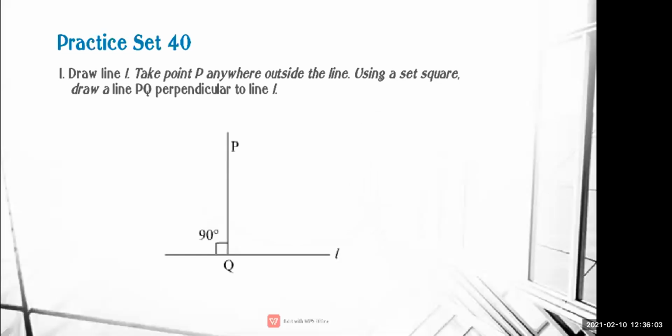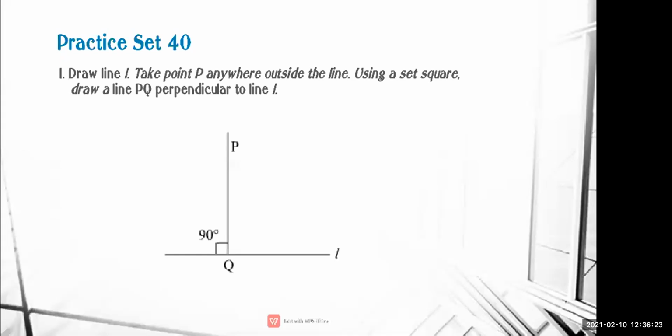Now practice set 40. First question. Draw line L, take point P anywhere outside the line. See, in the first question it was on the line. Now here you have to take point P anywhere outside the line.